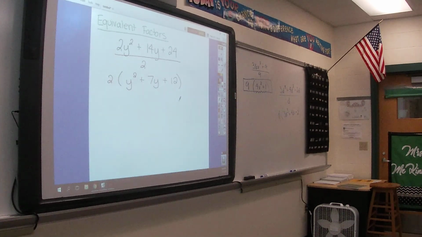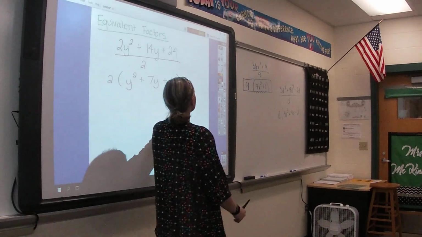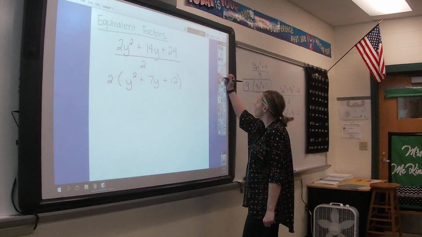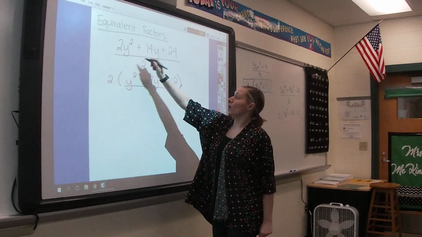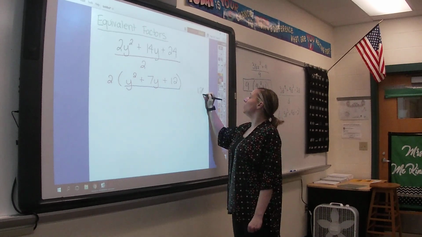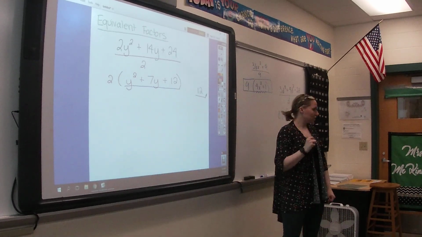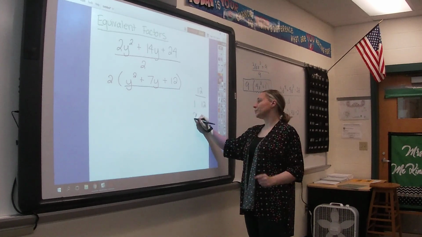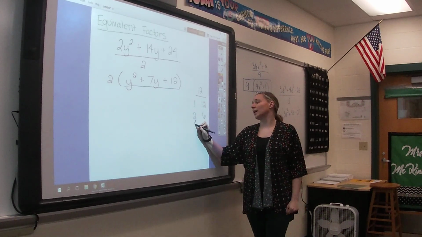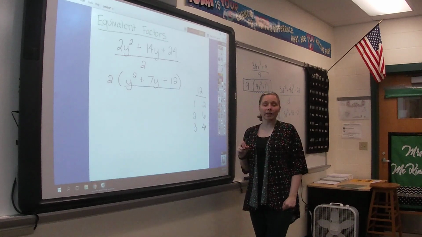What do we do after we factor out the GCF? Yusuf? Count how many terms there are. So we have 3. So now we're going to consider a trinomial. So 1 times 12 is 12. This one is a trinomial shortcut. So 1 and 12, 2 and 6, 3 and 4.